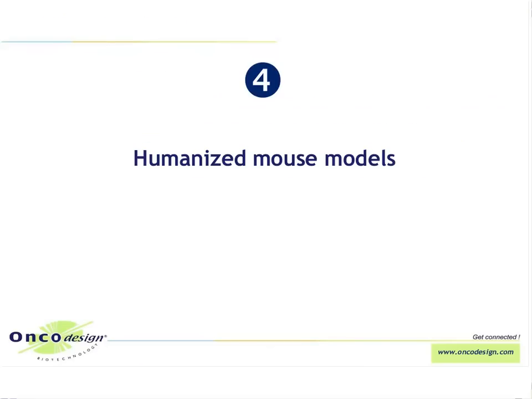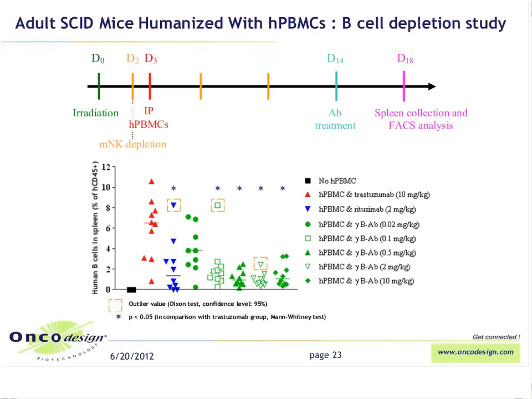I will now move forward with the use of humanized mouse models for the evaluation of antibody therapy. This model is aimed at using human effector and human target cells.